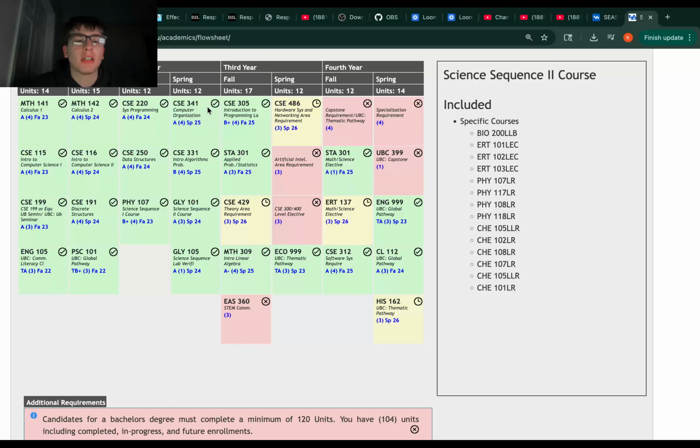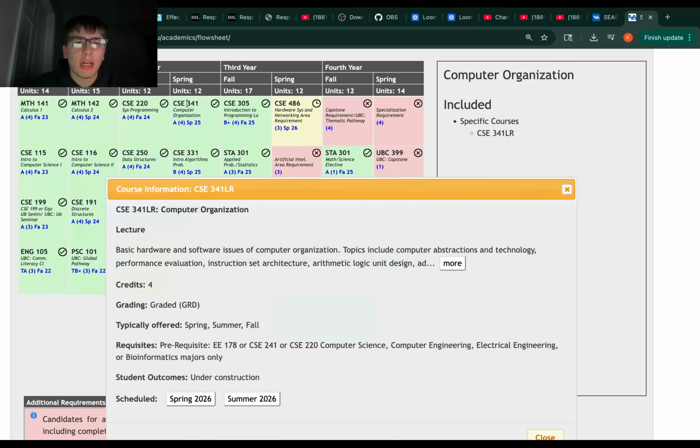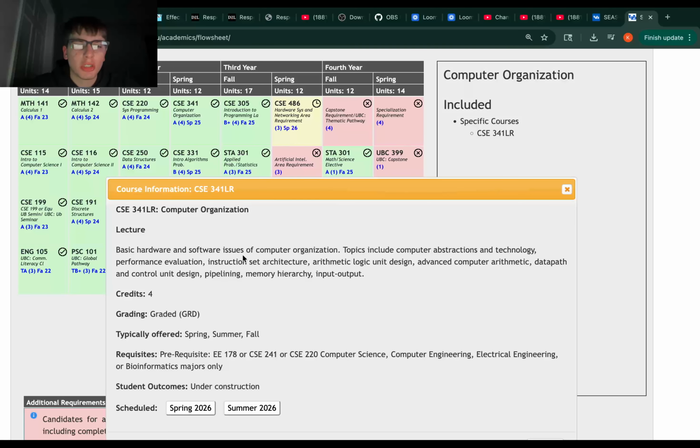But my second spring semester here, I take computer organization, which is your hardware course. So we talk about the CPU and everything that revolves around the CPU and the clock cycles, memory, and this is in MIPS.